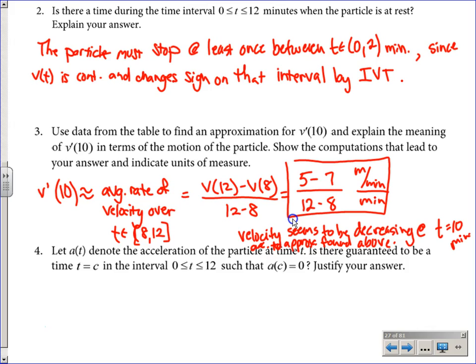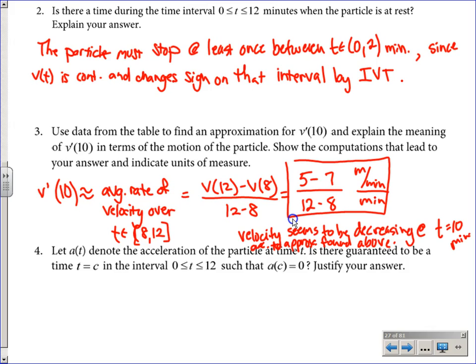Or I could say something to the effect of the velocity is changing at a rate of, what I can't do is put in the word rate and put in the word decreasing, because decreasing, increasing already points us to a derivative, right? So if I say rate and I say increasing, decreasing, I've just made a mistake because in my wording, I've talked about a second derivative. The first derivative of velocity.